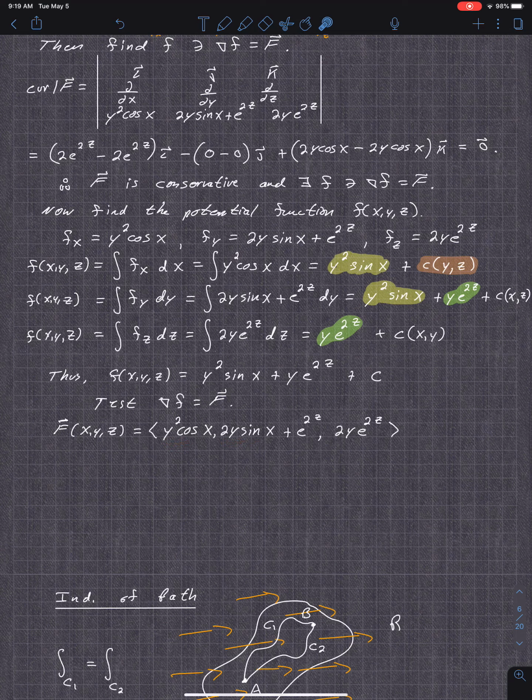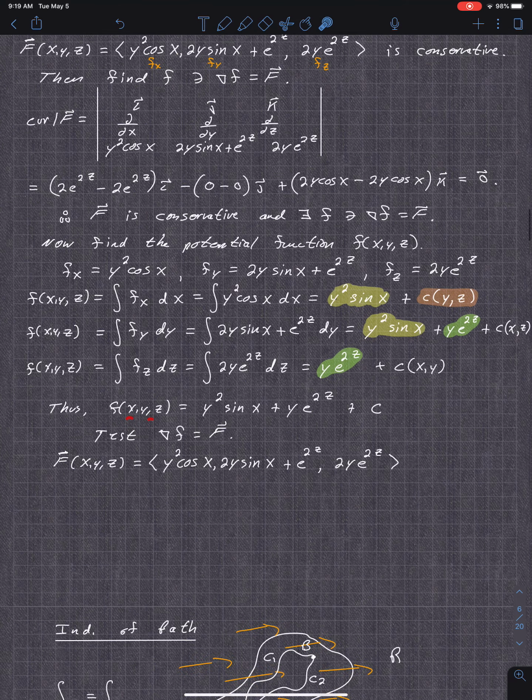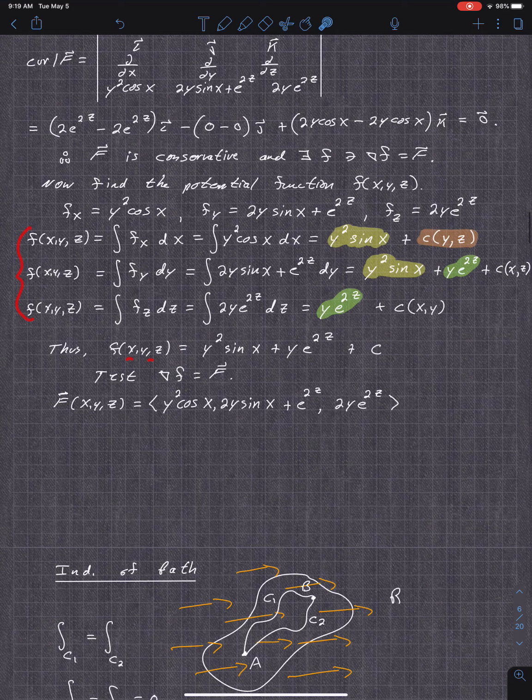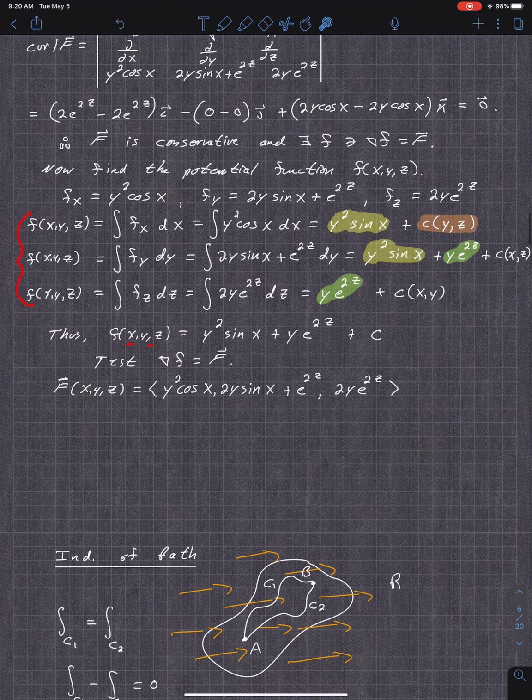All right, so f of x, y, z, which is this, has to be a combination of this one and this one, plus a constant. So here's your y squared zy plus y e to the 2z. And now it is actually plus an arbitrary constant.